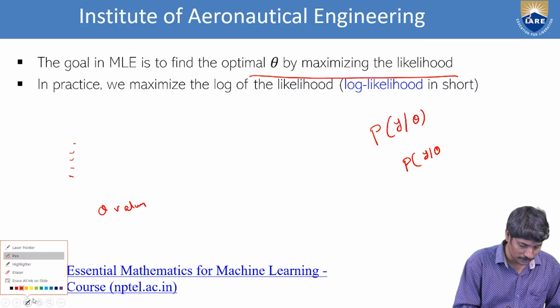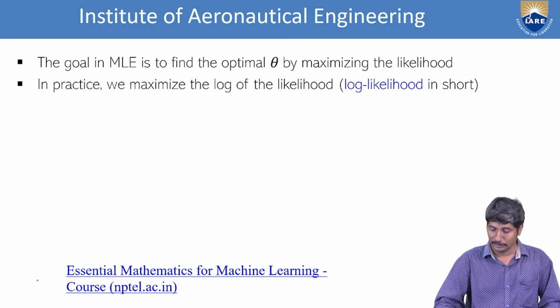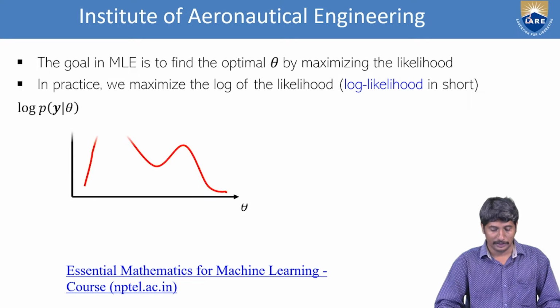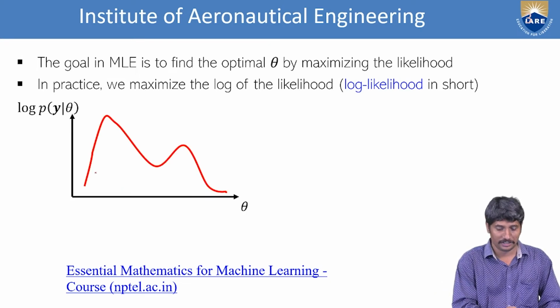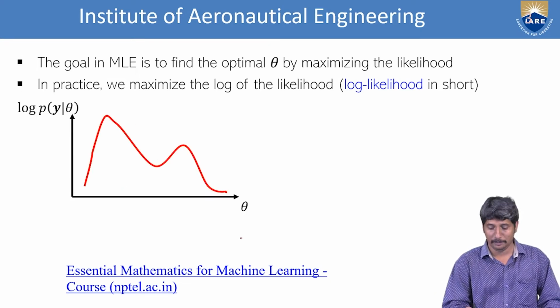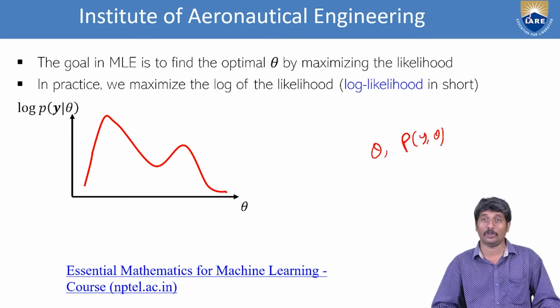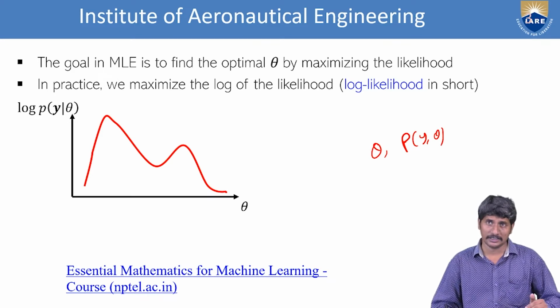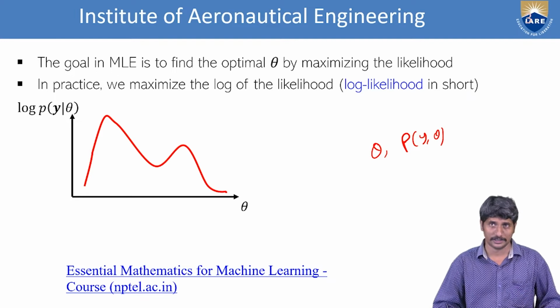Let me show you the graph once again. This is the graph where this red line is built by theta comma p of y comma theta, where theta values are on the x-axis and the likelihood function values are on the y-axis.